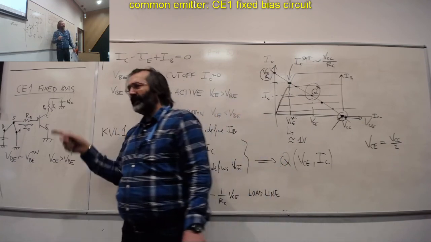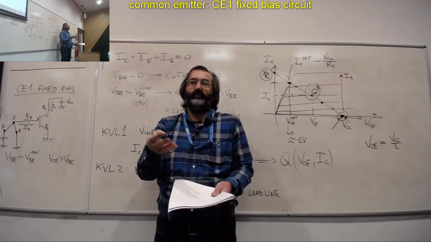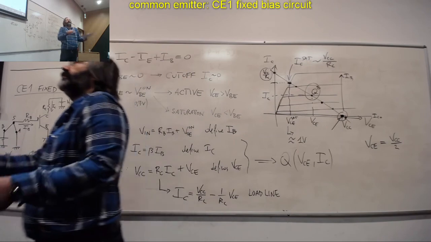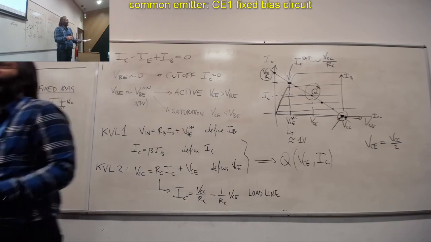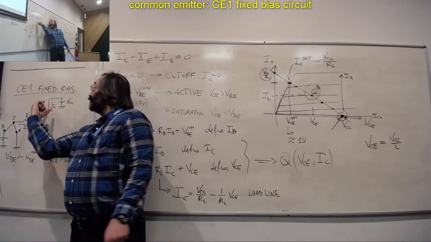I will show you an application using a relay. A relay, you maybe know what it is. It's an electromagnetic switch, let's say, operated by electricity. So you could put here the relay.